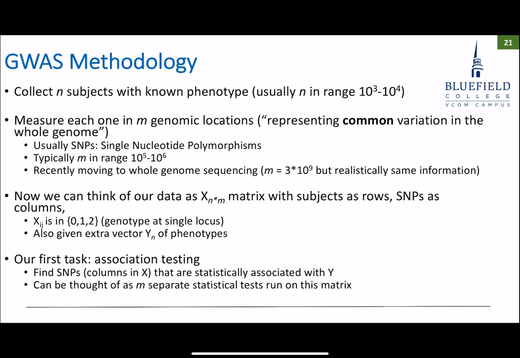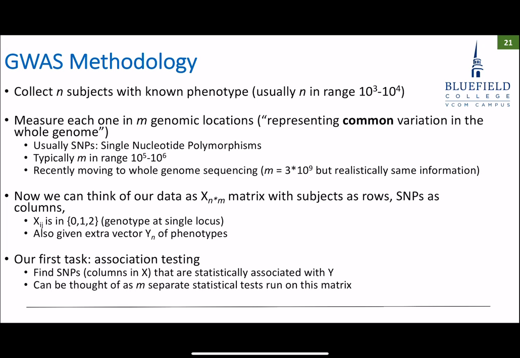Now we can think of our data as a matrix, with subjects as rows and SNPs as columns. So X will be the genotype and Y will be the phenotype. Our first task is to do this association testing.